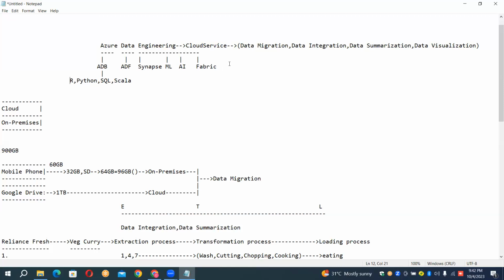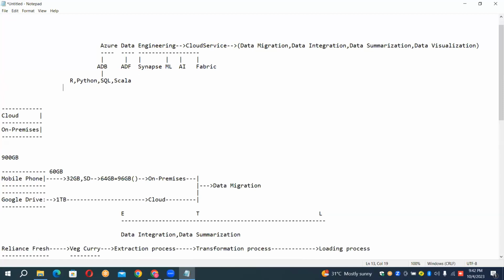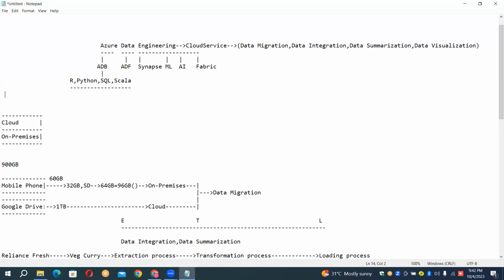But now, as a part of our course, we are going to use PySpark. What do you mean, PySpark? PySpark is nothing but the combination of Python plus Spark. It is called PySpark. So we are going to use PySpark to code the whole process of data migration, data integration, data summarization, and data visualization.